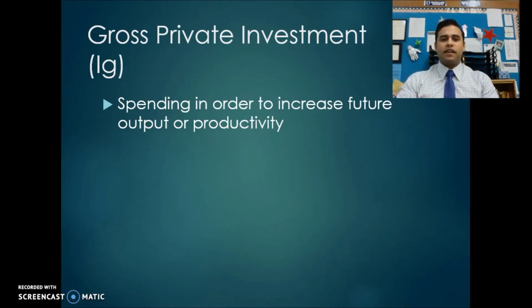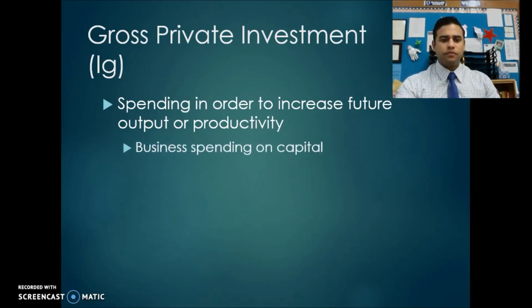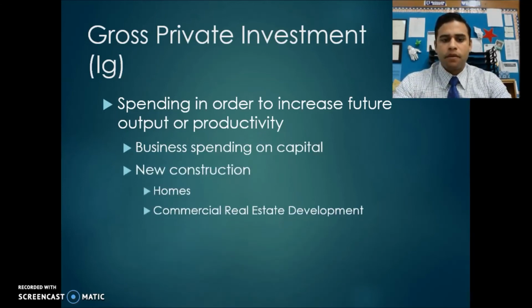An investment is like, I built a factory. I purchased a robot that puts bumpers on cars. That's investment. So, businesses spending on capital. Straightforward there. But also new construction is an example of gross private investment, and importantly, even new homes.